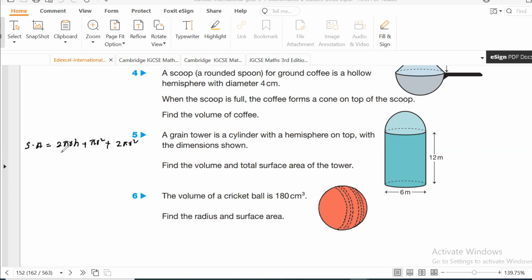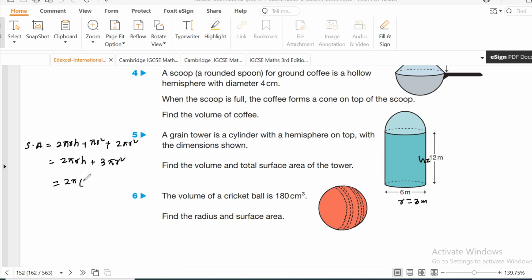This is the required surface area formula for this whole shape: 2 pi r h plus pi r square plus 2 pi r square. We can write 2 pi r h plus 3 pi r square. Now just replace the value of the radius. The radius is 3 meters and the height is 12.